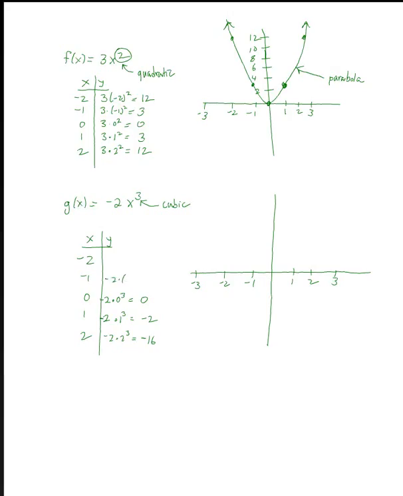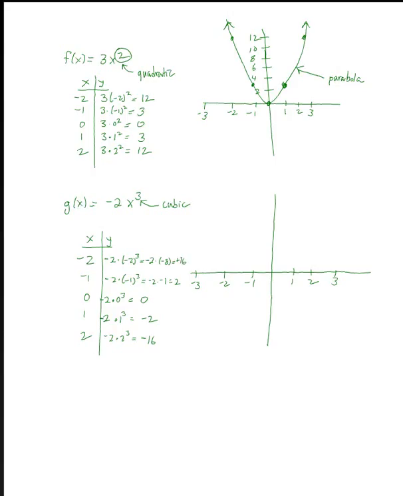Now, negative 2 times negative 1 cubed, that's negative 2 times negative 1, because negative 1 times negative 1 times negative 1, when you have 3 negatives, you get a negative. That's going to be 2. And similarly, negative 2 times negative 2 cubed. Negative 2 cubed is negative 8. So that's negative 2 times negative 8, which is 16.